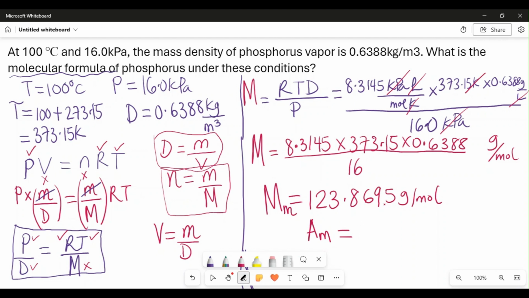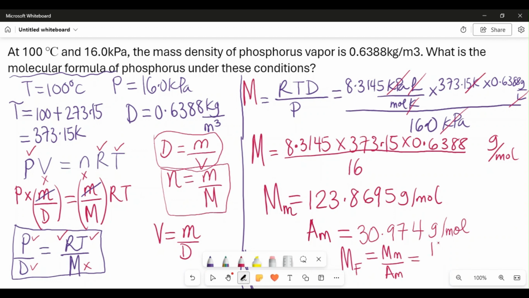Looking at the periodic table, you will see that the atomic mass is 30.974 gram per mole. Are you seeing what's going on here? So now, to find the molecular formula, MF, you're going to divide the molecular mass by the atomic mass to find the number of phosphorus atoms in the phosphorus vapor molecule.